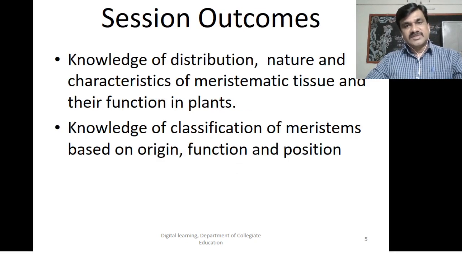So at the end of the session, you will get the knowledge of distribution, nature and characteristics of meristematic tissue and their function in plants. And also you will get the knowledge of classification of meristems based on origin, function and position. So, lesson objectives and session outcomes.